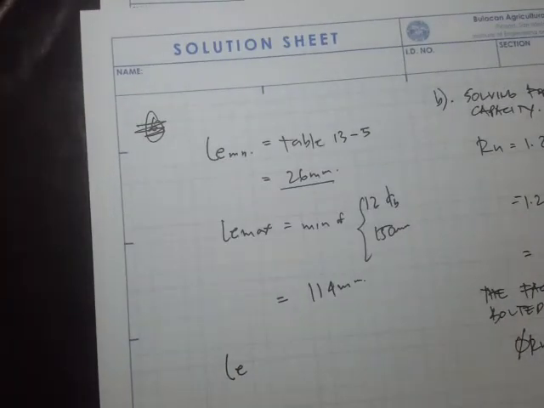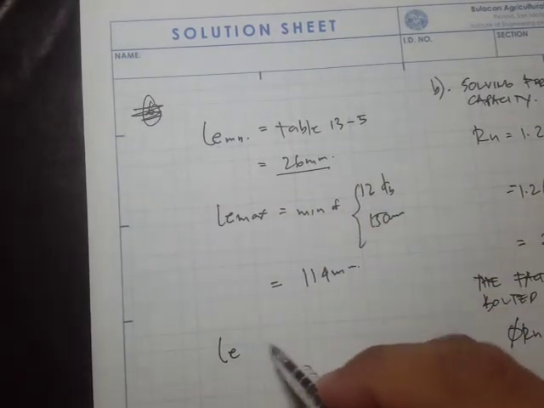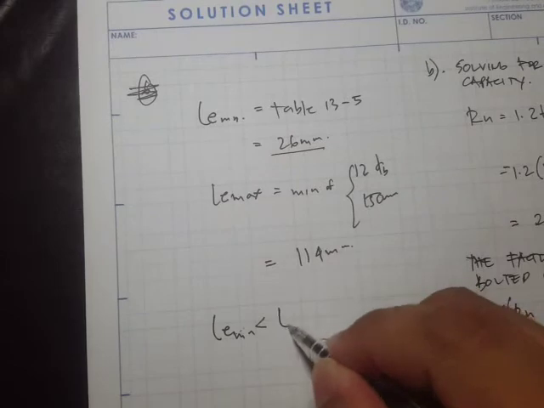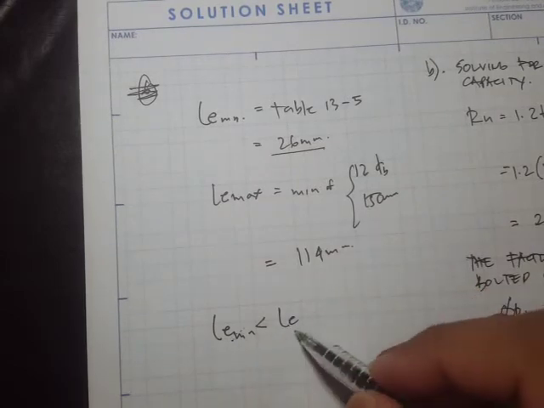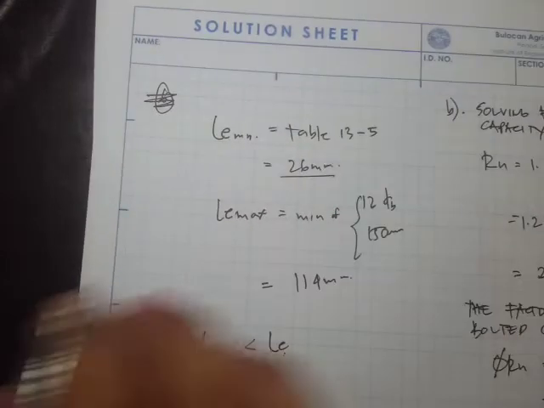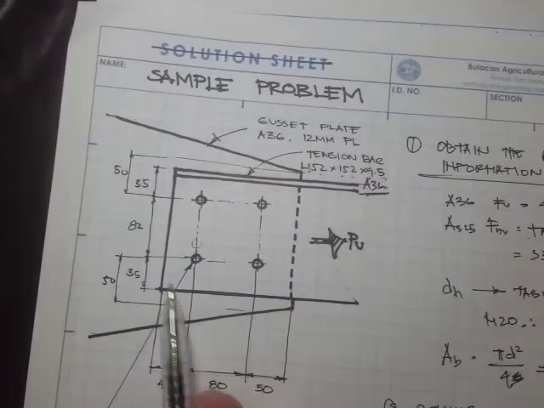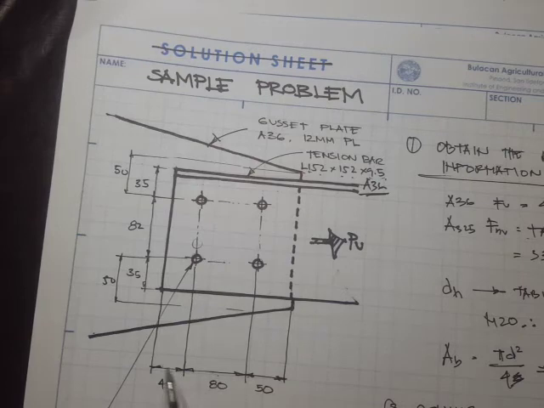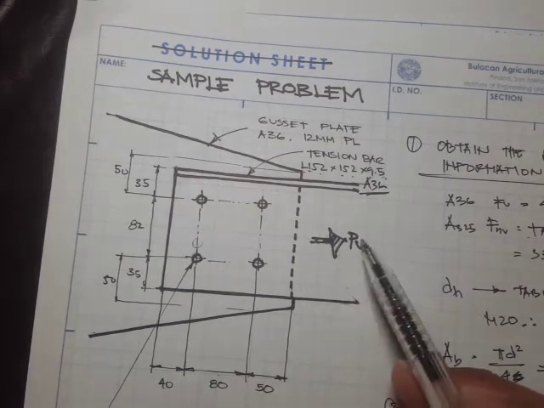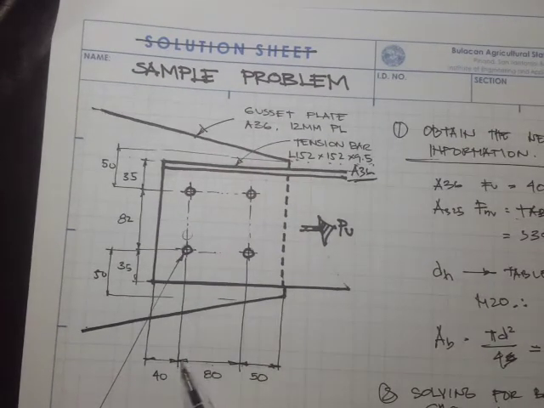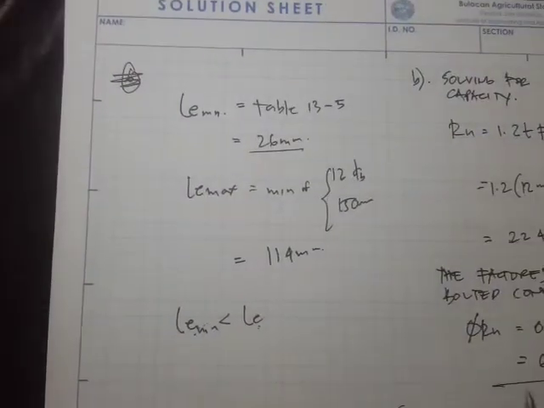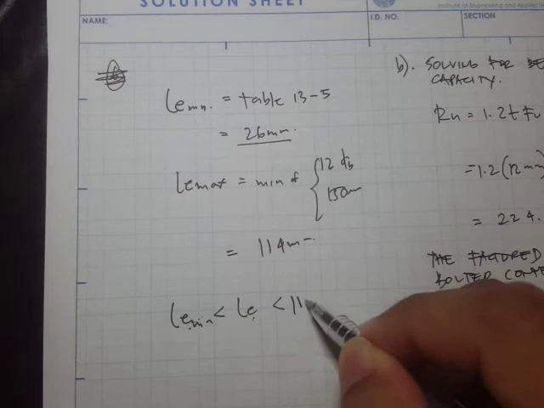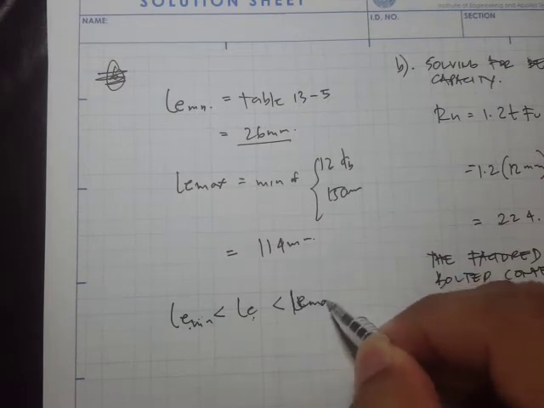Now our edge distance, our Le, is greater than our minimum. So this is the minimum, this is our Le, our edge distance. I guess we have either 35 or I think this should be in relation to this load direction. That's going to be 40. So 40, and it's less than this maximum Le max.